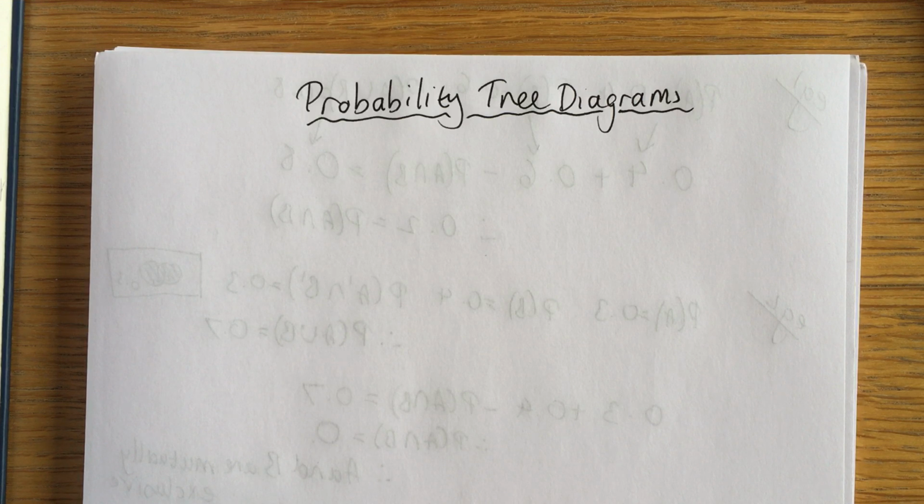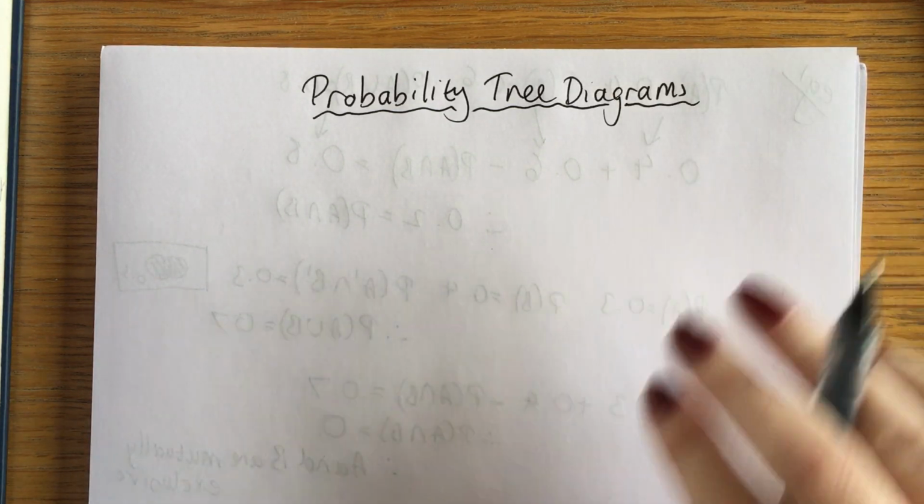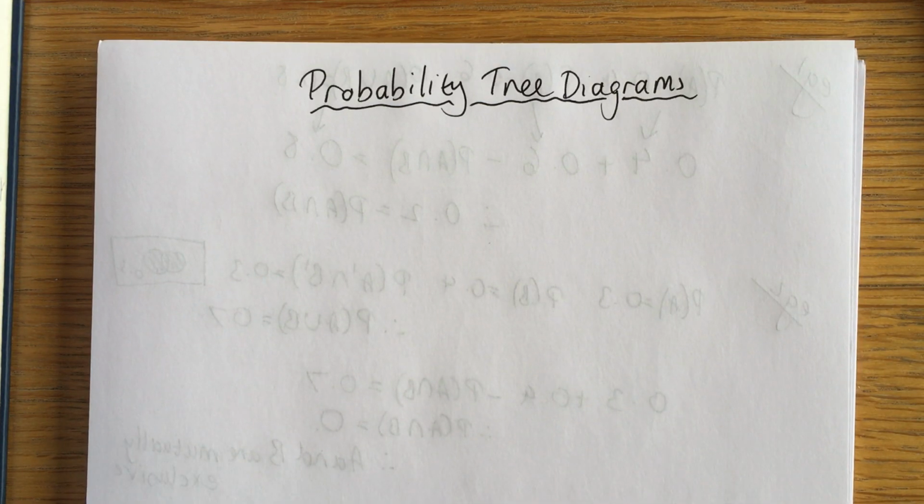Tree diagrams. So we are still looking at conditional probability, but within a tree diagram. Now, you have already done these questions. Whenever you had a without replacement question, this was conditional probability.